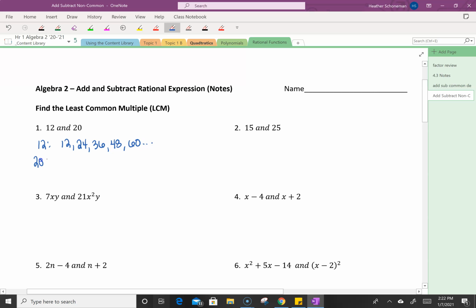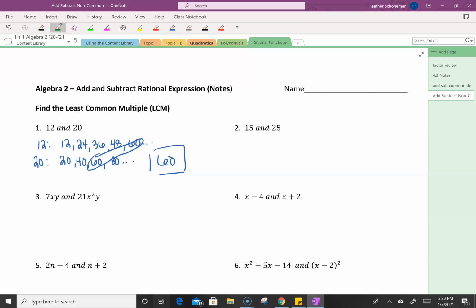The multiples of 20 would be 20, 40, 60, 80, and the smallest one they both have in common is 60. So 60 is your least common multiple.